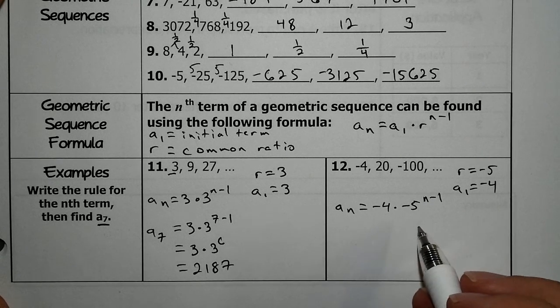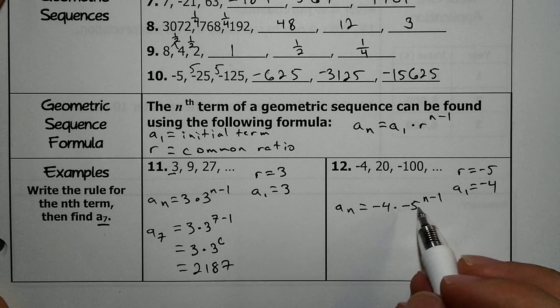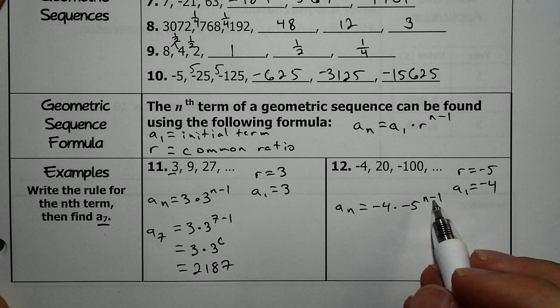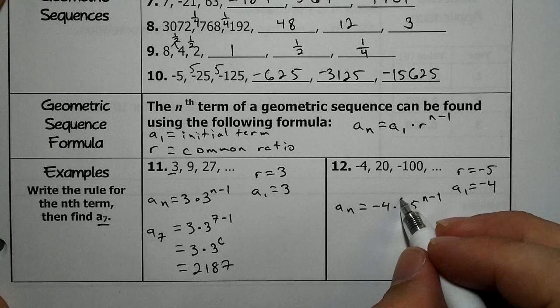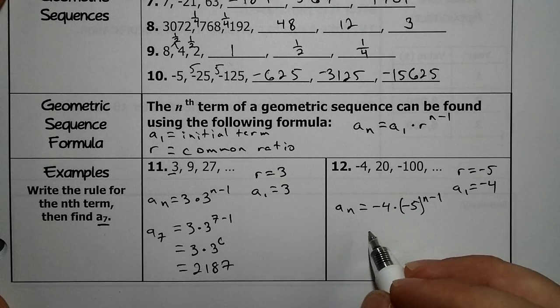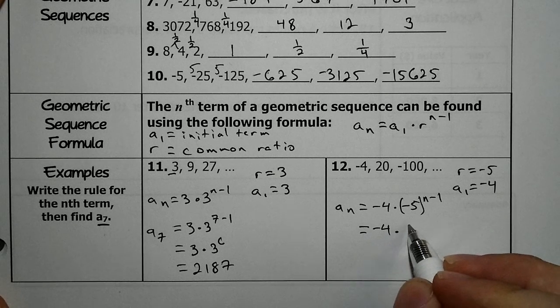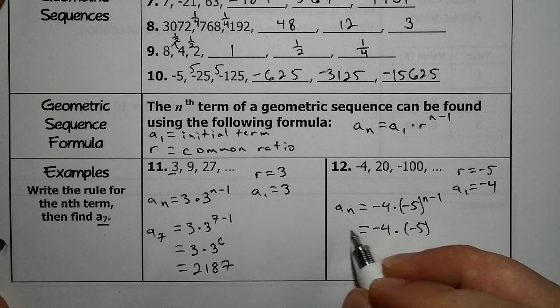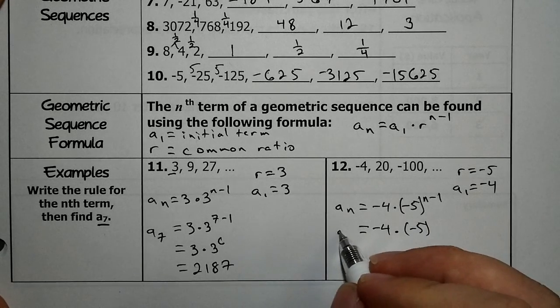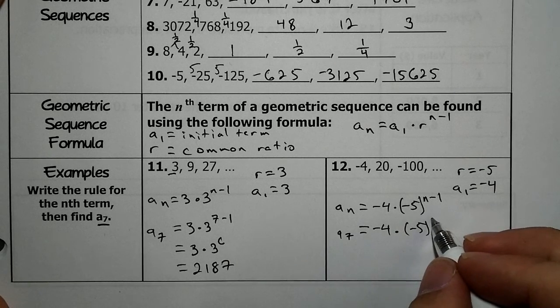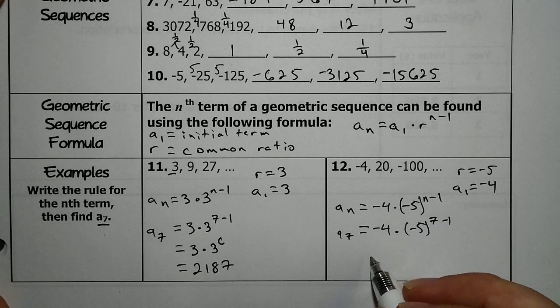Now, you see all these negatives? This negative 5 is not just 5 being raised to the power; the negative is included, the whole thing. So this needs parentheses. So we've got negative 4 times negative 5, and let's find it to the 7th term. So I need to plug in 7. 7 minus 1.